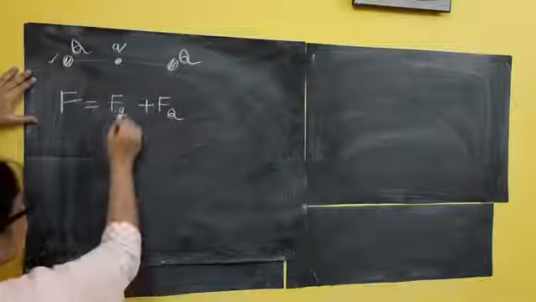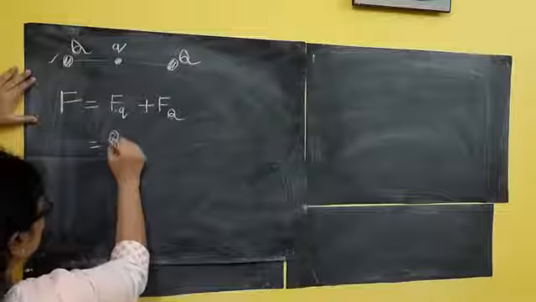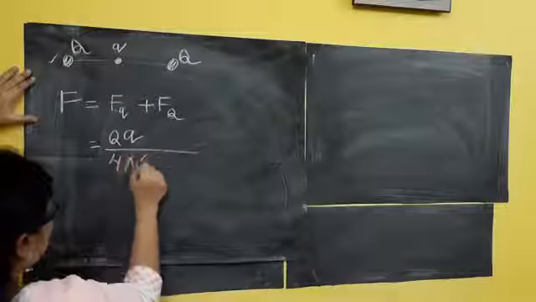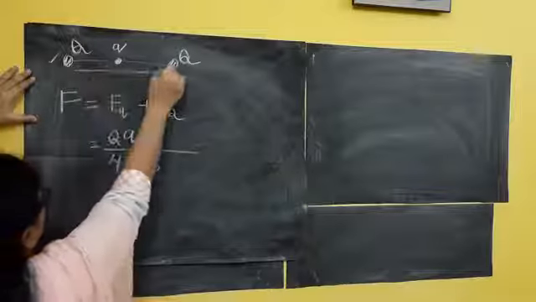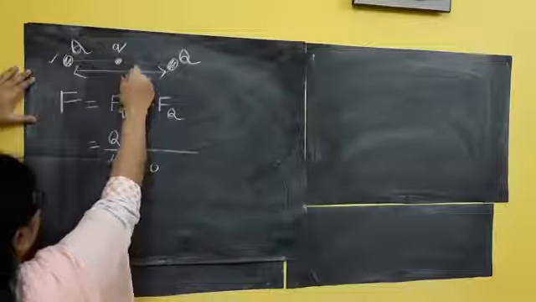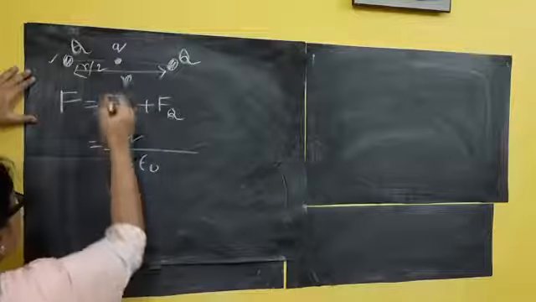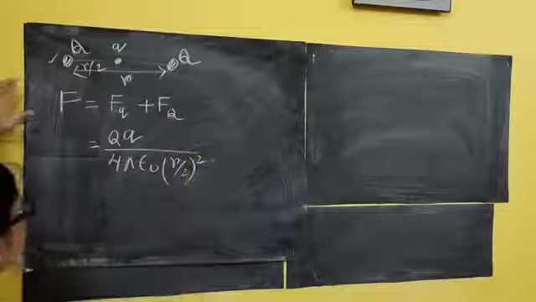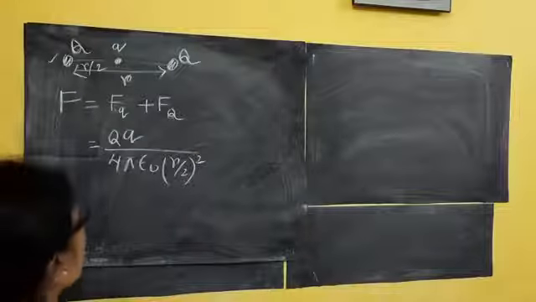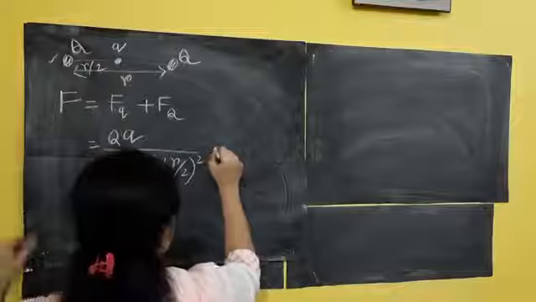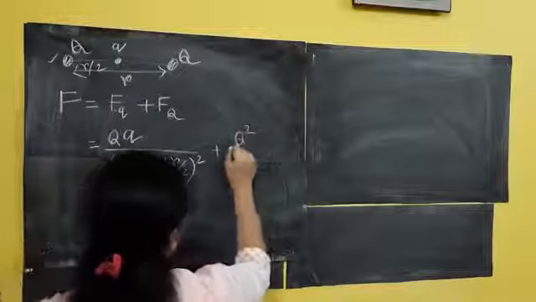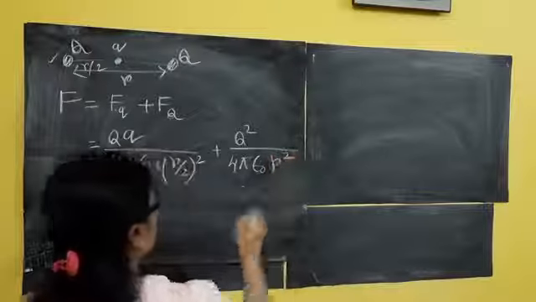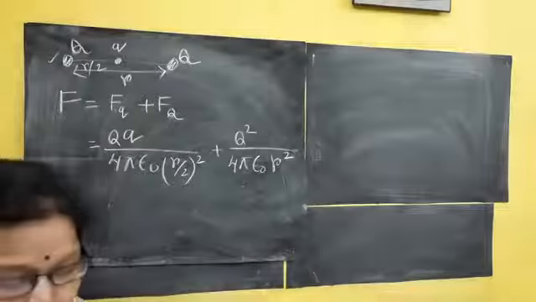Clear? What is the force due to q? That is q square by 4 pi epsilon 0, suppose the total distance is r, and this will be r by 2, since I kept the middle point position. So r by 2 whole square, as they said in between the connecting line. And for this q it will be q square by 4 pi epsilon 0 r square, the total distance will be counted.